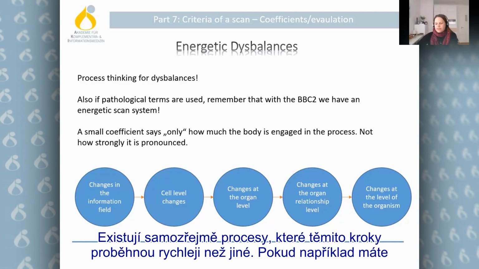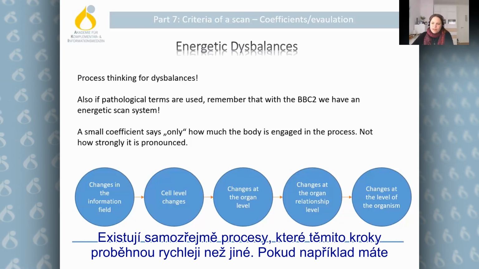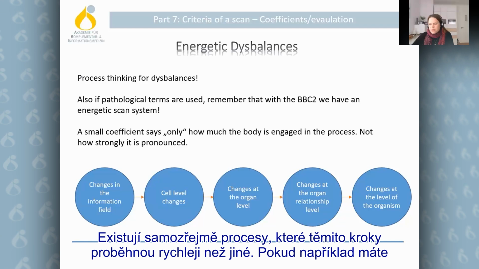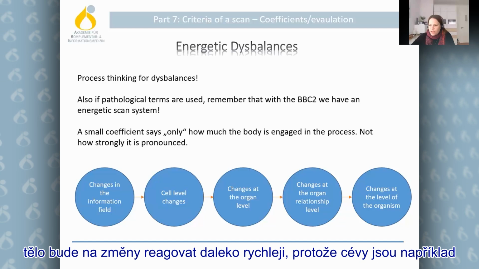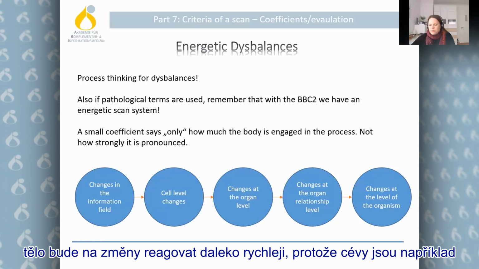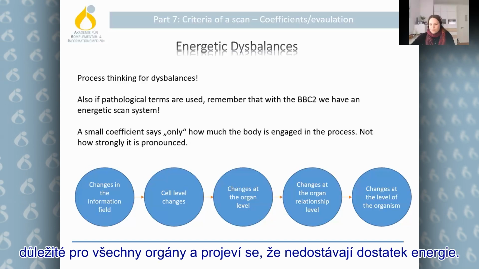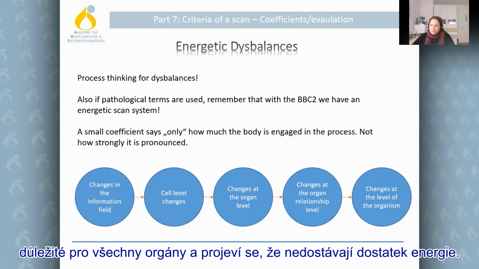And of course you have some processes that go through these steps much faster than others. For example, when you have vessel problems or heart problems or the thyroid gland, of course the body will react much earlier to changes, because when the vessels are too close, every organ will have problems with getting enough energy and blood.